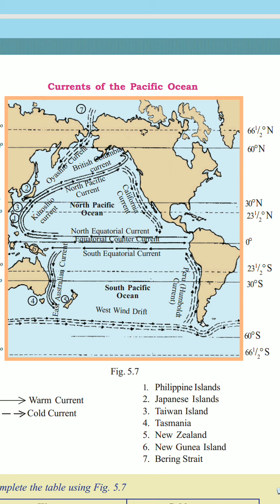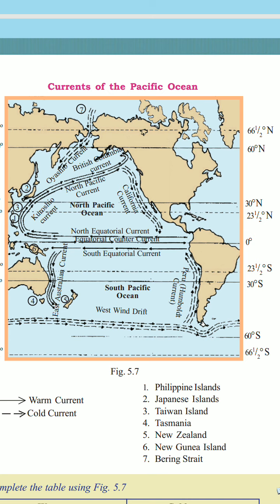Because near the equator, the temperature will be high. So when it goes upward, the temperature will be less. So from the equator to the poles, if the water flows, that is the warm current. That is from hot, where the temperature is high, so it flows upwards. That means warm current. Clear?